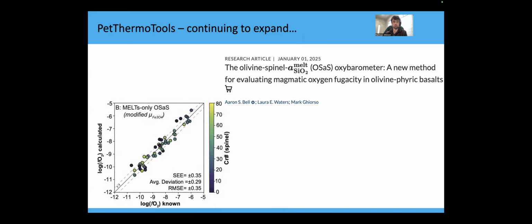They actually found they needed to modify some of the chemical potentials from melts in order to match the chemical data. But even still, it should be relatively straightforward within PetThermoTools to recreate this method and provide a function where all you need to do is provide a data set of olivines, a data set of spinel compositions, and a melt composition, and then predict oxygen fugacity for your system based on this approach. So we're continuing to expand as more methods develop, and try to incorporate these into our workflow.